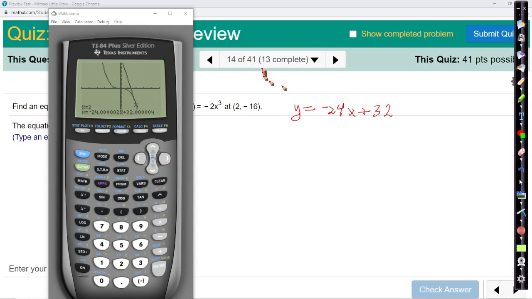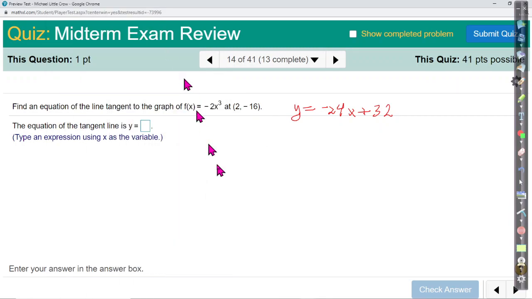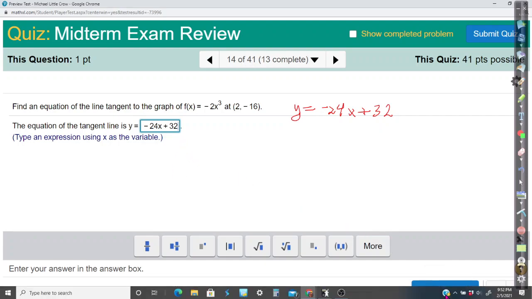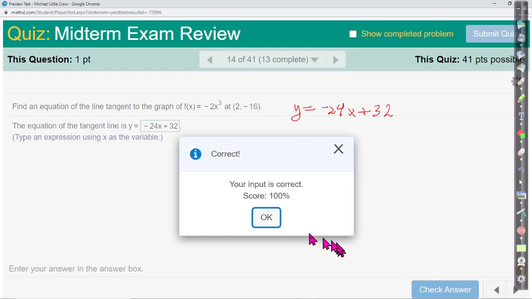End of story. So they've got the y equals already, so we're going to put that in, negative 24x plus 32. I'm just going to go ahead and check it, just so that we can all see, yep, it's good.